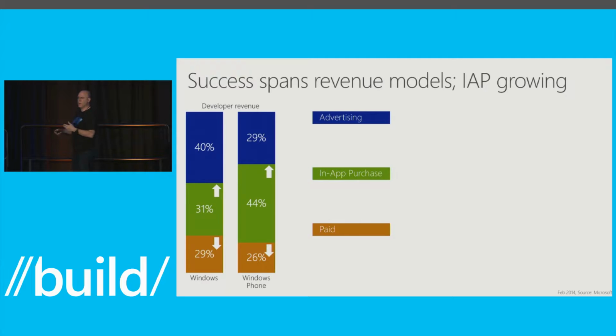Windows Phone has been in the market longer, especially with in-app purchase, and you can see that in-app purchase now in Windows Phone is 44% of the total revenue. The arrows indicate the trends. In-app purchase is the number one category with the highest revenue growth in our stores. Again, that's a trend similar to all the major app stores in the industry.